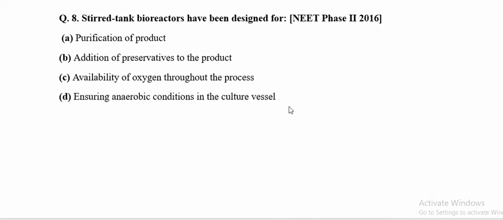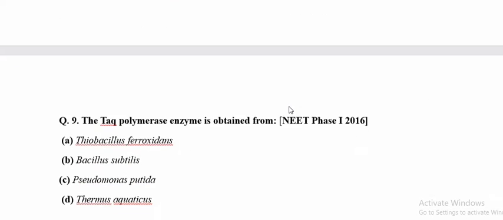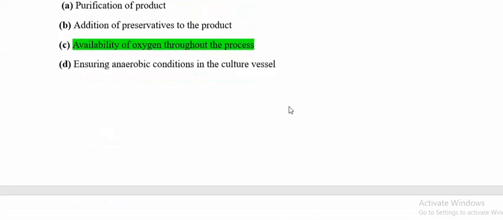So availability of oxygen throughout the process is required. So option C is the correct answer here.